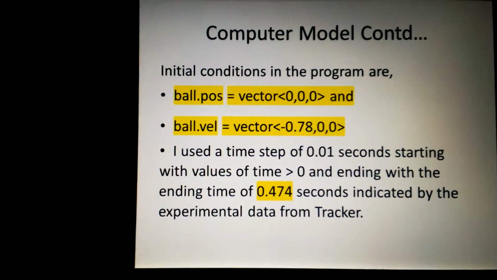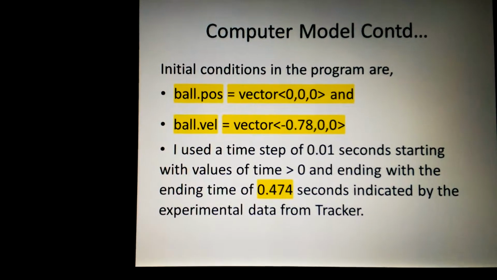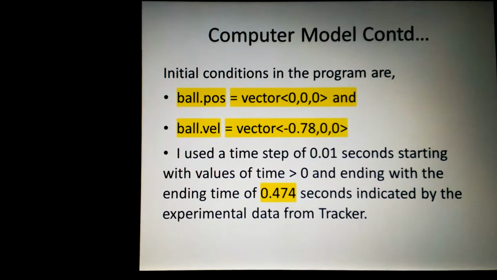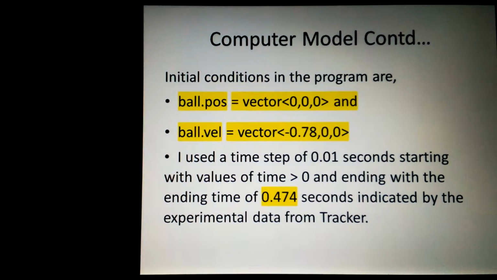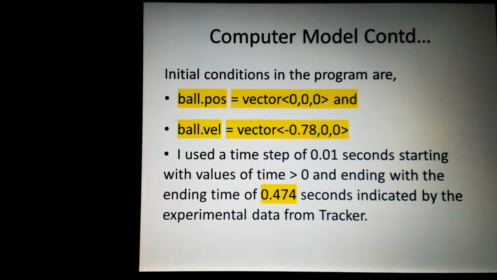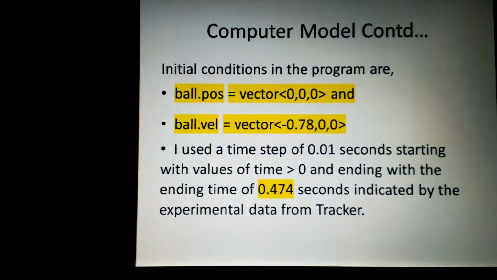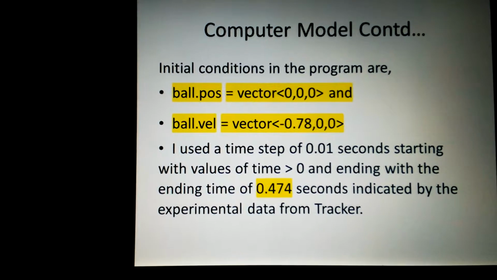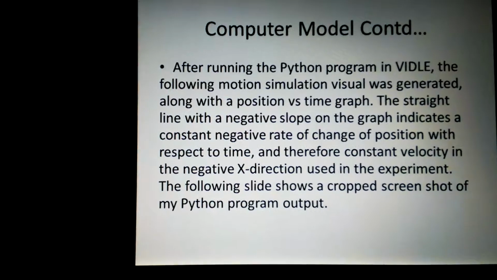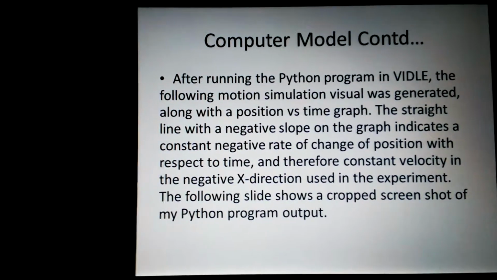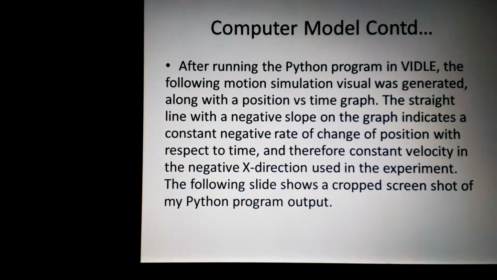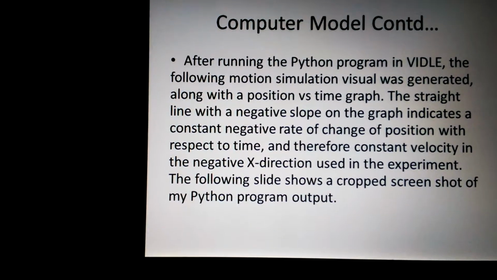I then also set initial ball position vector 0, 0, 0 to show it started at the origin, and the initial velocity ball.vel is negative 0.78, 0, 0, showing no motion in the y and z direction. I used a time step of 0.01 seconds, ending at 0.474 seconds. After running the Python program, the following simulation was generated, which would be on the following slide.